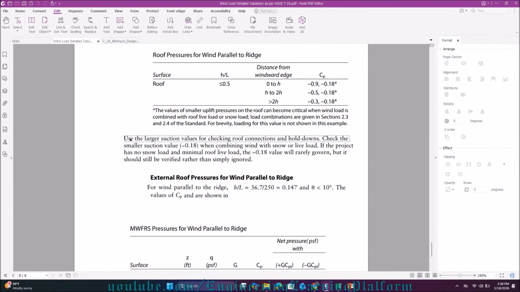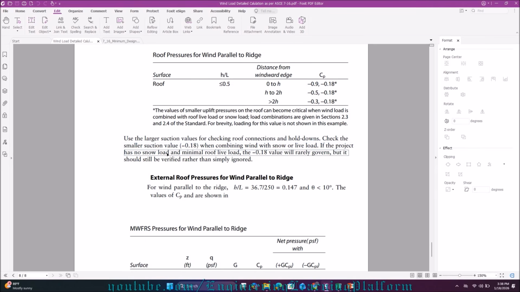Yes. So see, you might be thinking whether I should use minus 0.9 or minus 0.18. It depends on your situation. You have to use the largest suction value, that is 0.9 or 0.5 or 0.3, for checking roof connections and hold downs. And check the smaller suction value, that is minus 0.18, when combining wind with snow or live load.